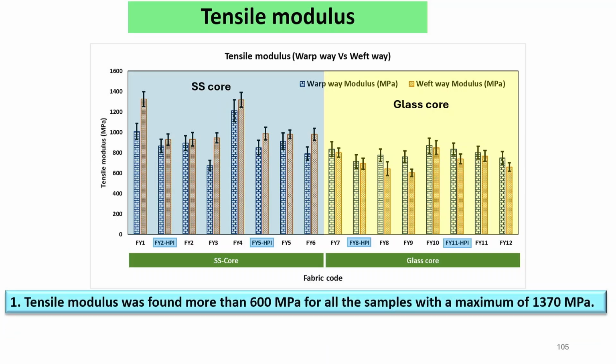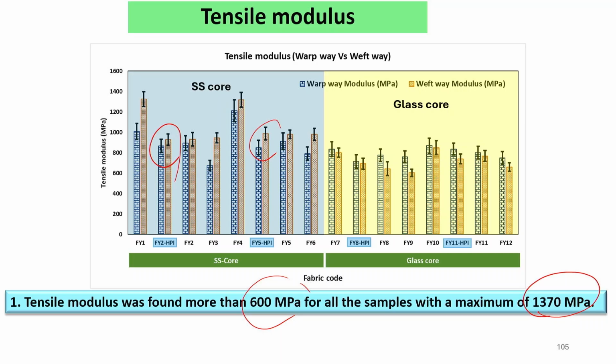Now, with hard particle impregnated fabric, the tensile modulus is reduced as compared to the non hard particle impregnation. Tensile modulus was found to be more than 600 megapascal for all the samples, with a maximum of 1370 megapascal.